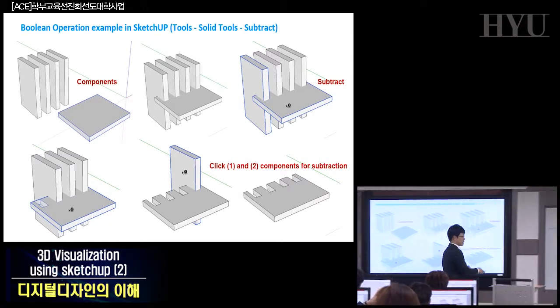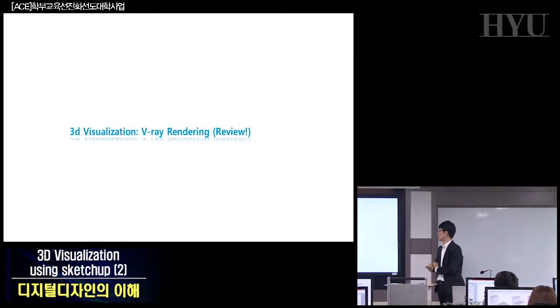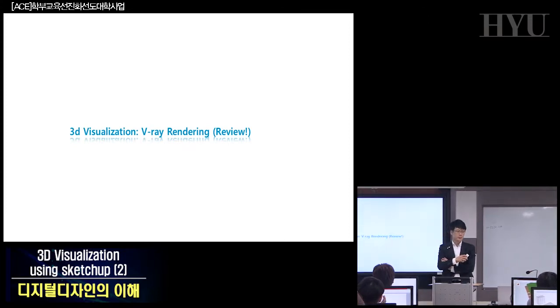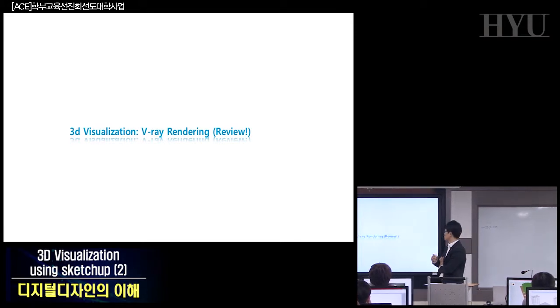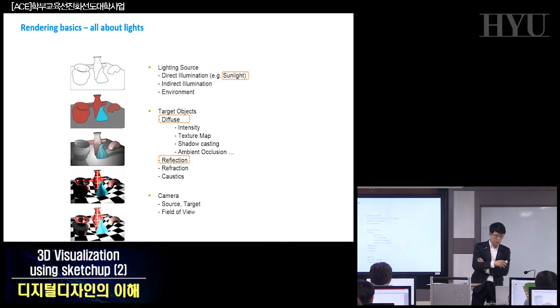Next thing is, again, a review of 3D visualization. Actually, today's lab exercises 3 and 4 are in charge of making some visualization using V-Ray. This is a review. Here I list rendering basics again. It's all about lights.